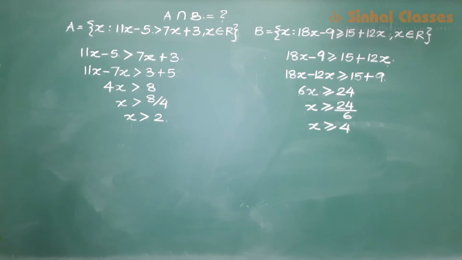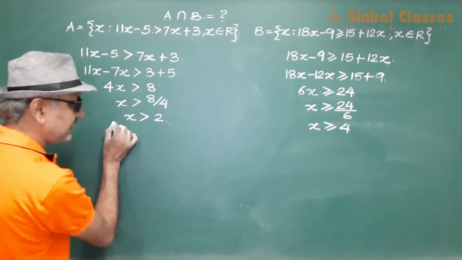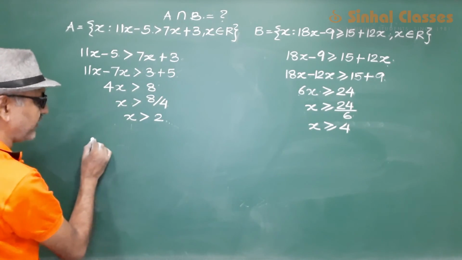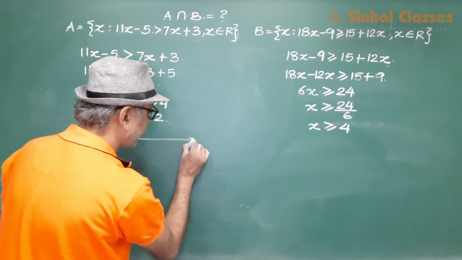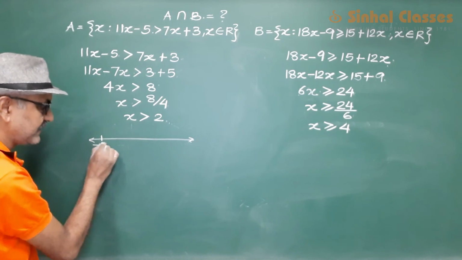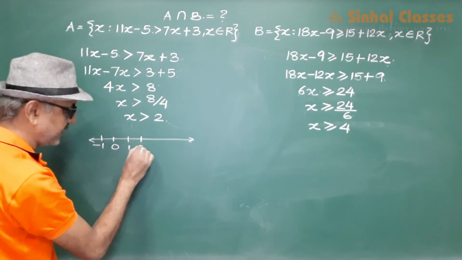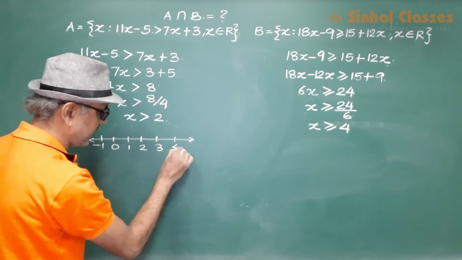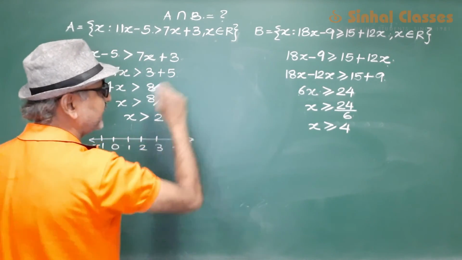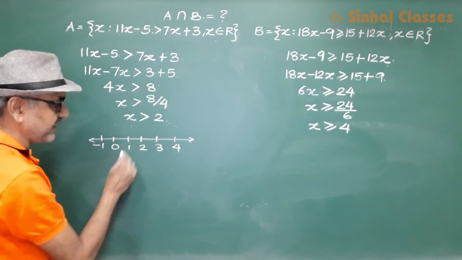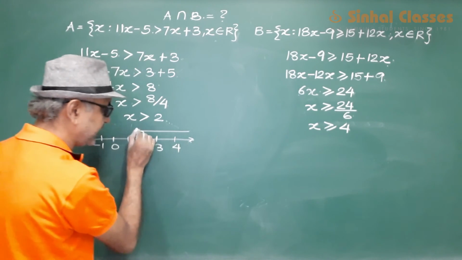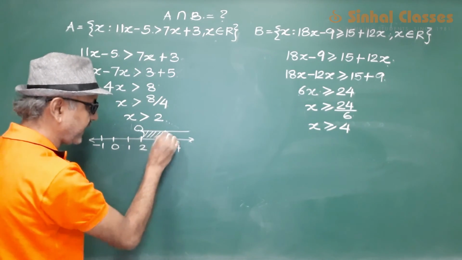Now let us find out the solution for this inequation on a number line. X is greater than 2, that is what it states. Only greater than 2, and the replacement set is that of real numbers. So greater than 2 means a curve and a hollow circle.